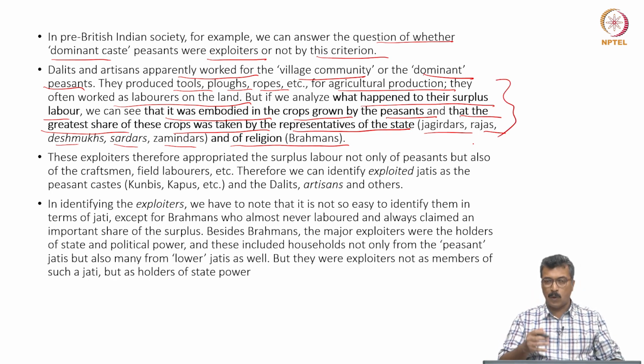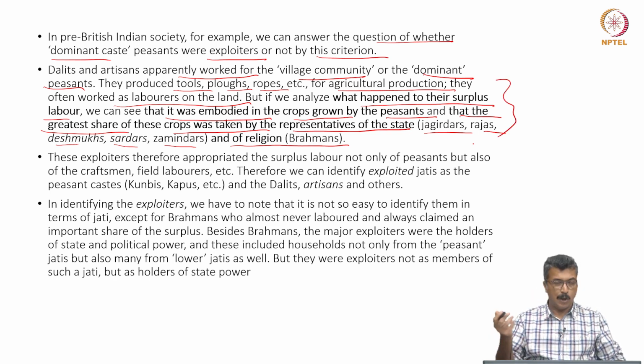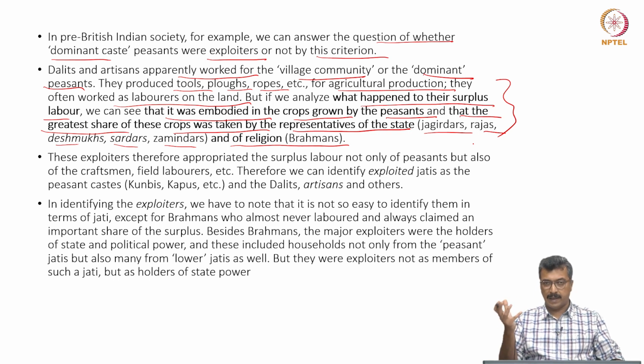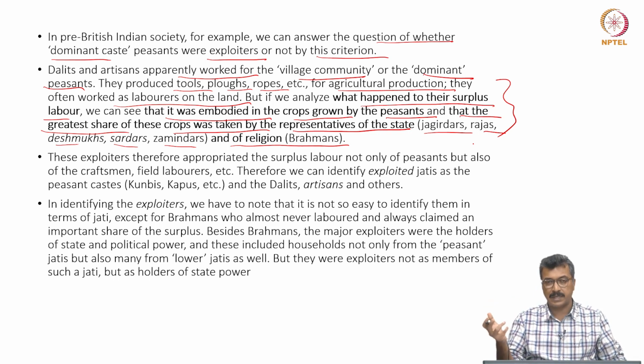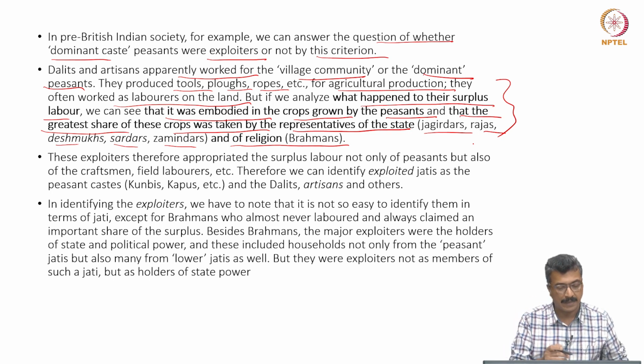Though the land actually belonged to the landlords who occupied a relatively upper caste position, the surplus that was produced through the sweat and efforts of the lower castes was appropriated mostly by the representatives of the state, because there was a very huge and very efficient system of tax collection, and this surplus was appropriated by them.